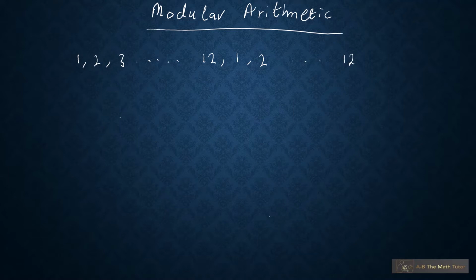And so this kind of number line is kind of cyclic instead of the normal real number line that we know of. And so modular arithmetic is simply a mode in which numbers go round and round within a particular set. And so you can count only up to a certain number, and then when you reach that number, you are supposed to start again. Let's try and get a few examples to see.